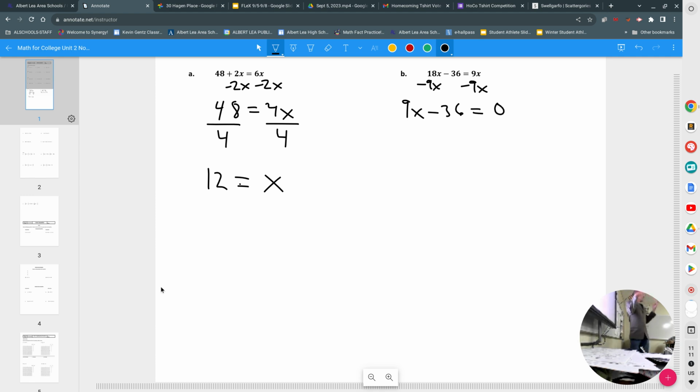It does require an extra step at this point to add the 36 over. And we get 9x is equal to 36. Divide by 9, x is 4. Everybody good there? All right, flip it over.